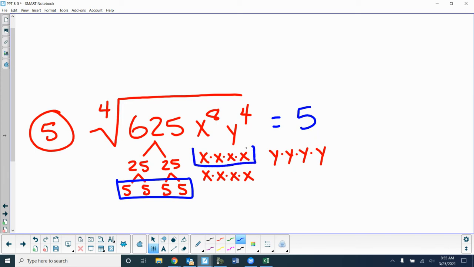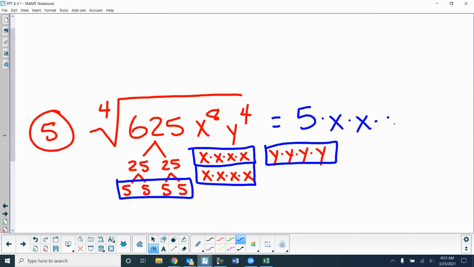For this group of four x's, I got x as an answer. For this group of four x's, I got another x. For this group of four y's, I got a y. So my answer is 5x squared y.